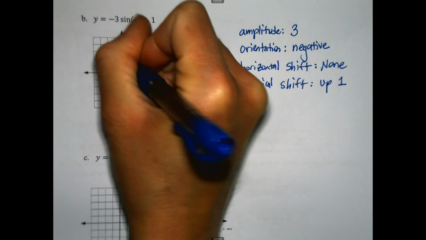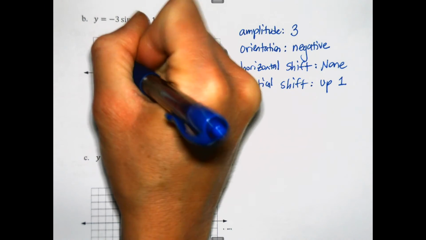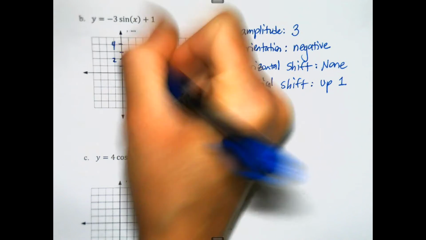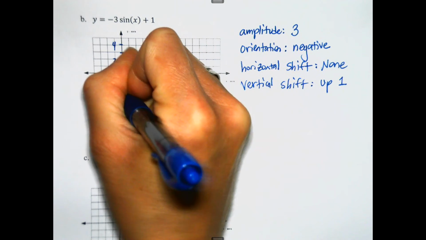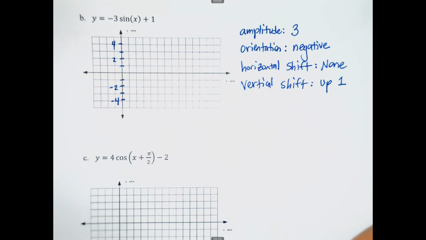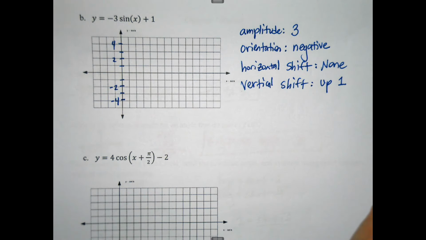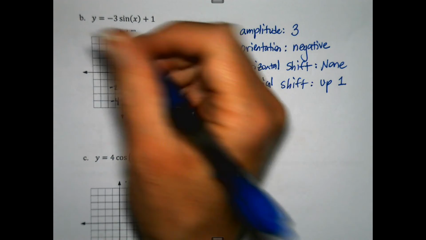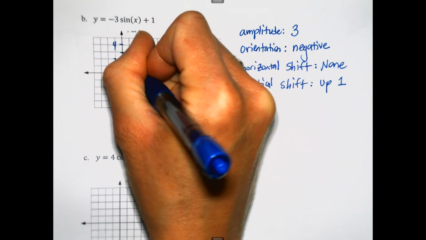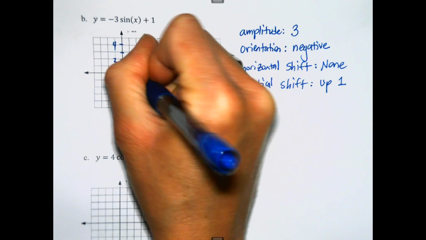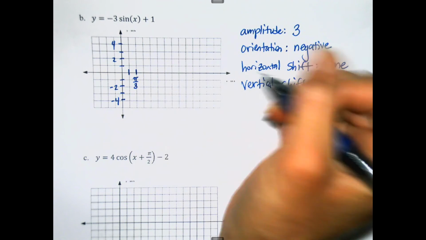On my y-axis, I'm going to go by ones. And on my x-axis, I am going to go by pi over 6. So pi over 6, pi over 3. You're just adding fractions.